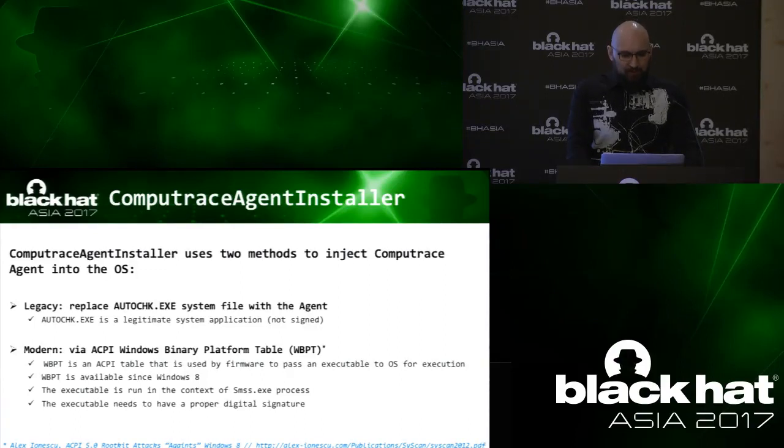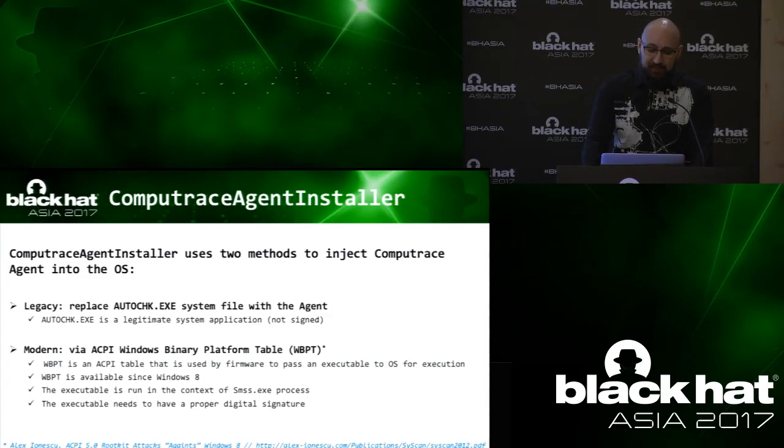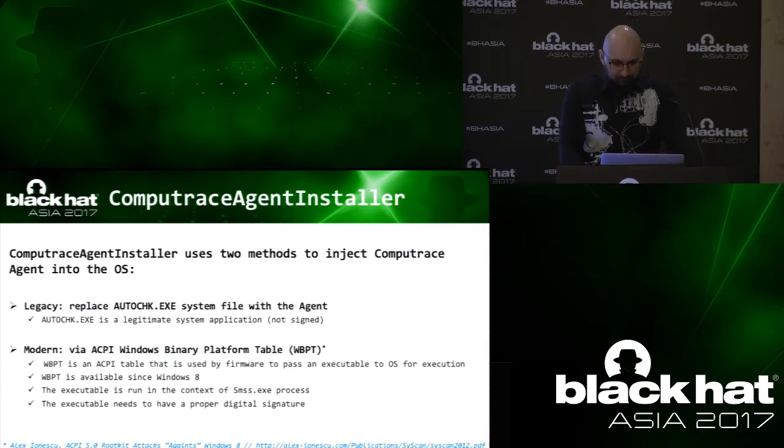But on modern UEFI BIOSes, Computrace uses a specific ACPI table, WPBT, and a pretty good description and research about that was already released by Alex Ionescu, and you can find this link at the end of the slides. What WPBT does, it's a specific ACPI table, started from Windows 8, for delivering and recovering some software to the operating system level.